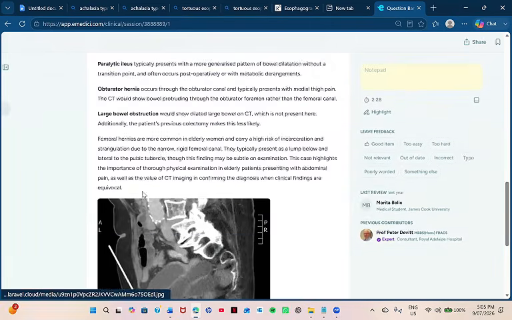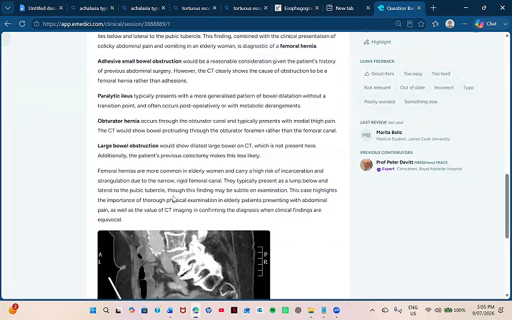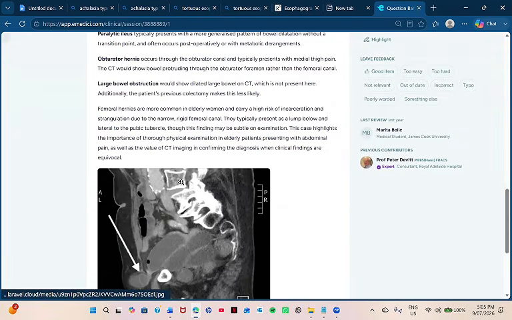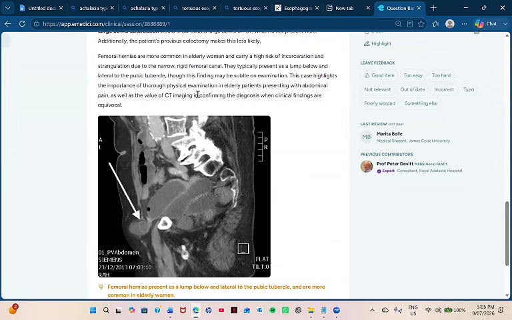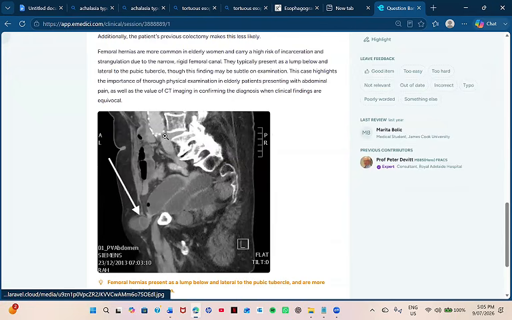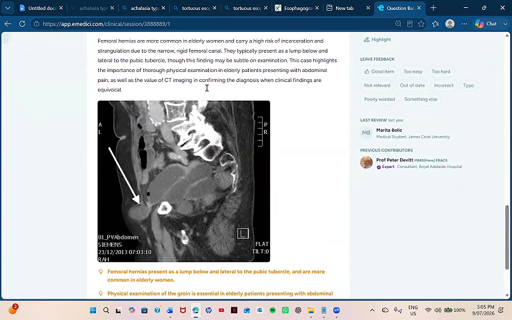Femoral hernia is more common in elderly women and carries a high risk of incarceration and strangulation due to the narrow, rigid femoral canal. The typical presentation is a lump below and lateral to the pubic tubercle, though this finding may be subtle on examination.